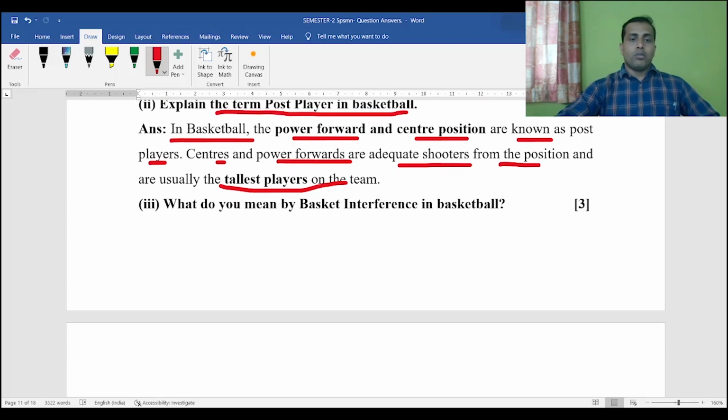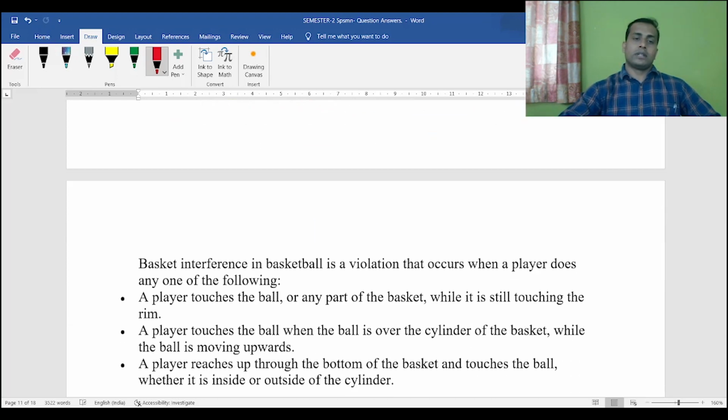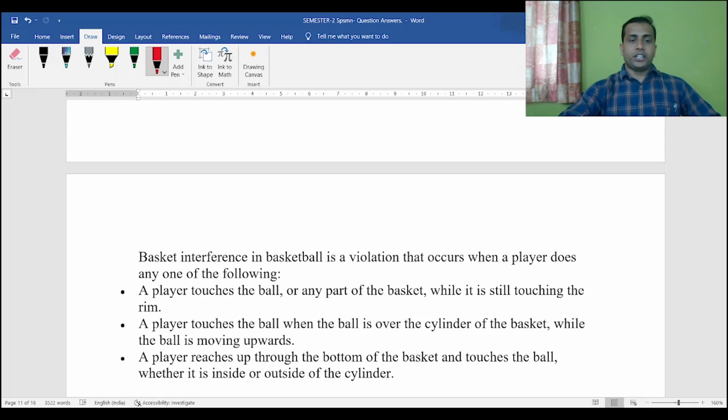Next question. What do you mean by basket interference in basketball? Basket interference is a violation that occurs when a player does any one of the following. The first one is a player touches the ball or any part of the basket while it is still touching the rim.